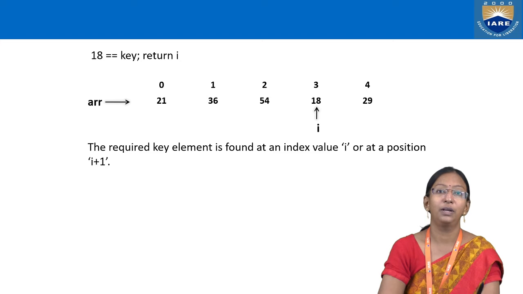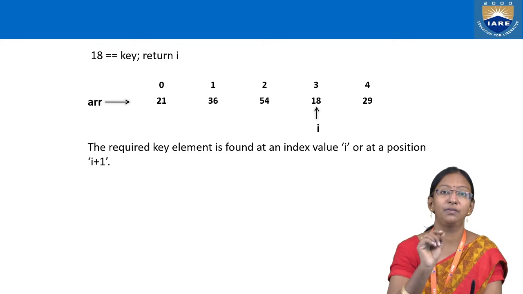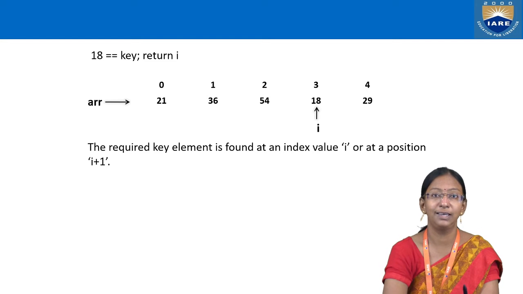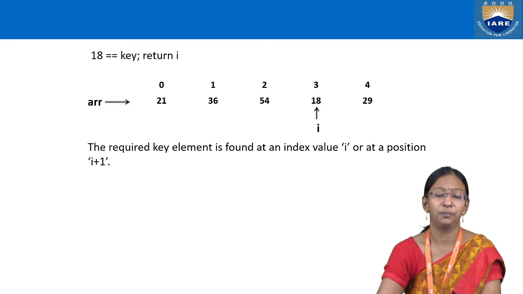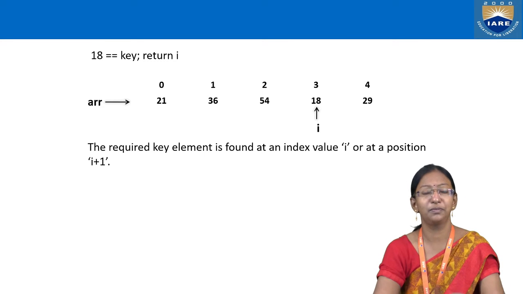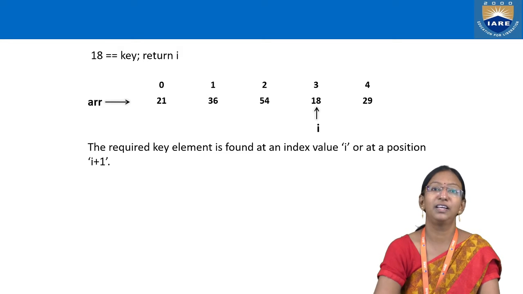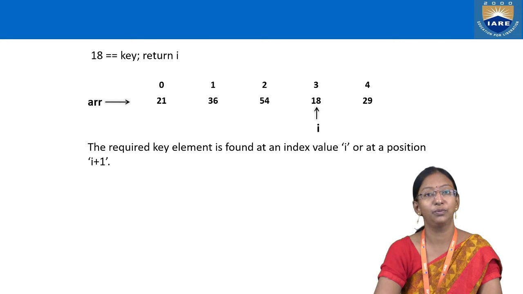Simply, start with the element at the 0th index, compare it with the key element, and do it until you reach the end of the list. Then what will be the worst case of linear search? If the element is not there in the list. Even if the nth element is not equal to key, then we call it the worst case.